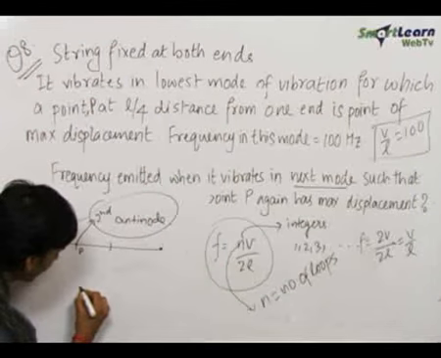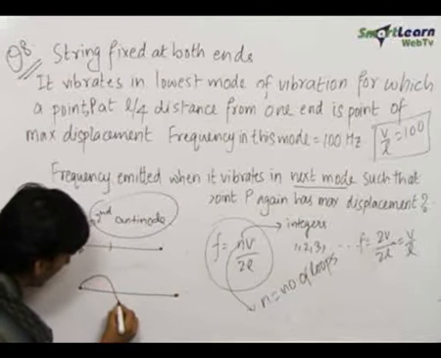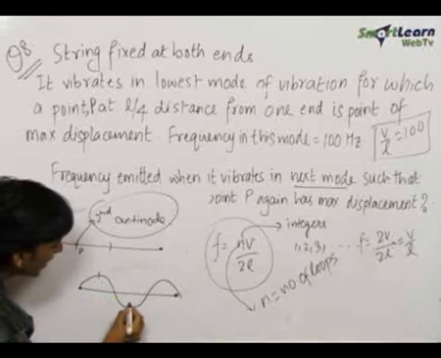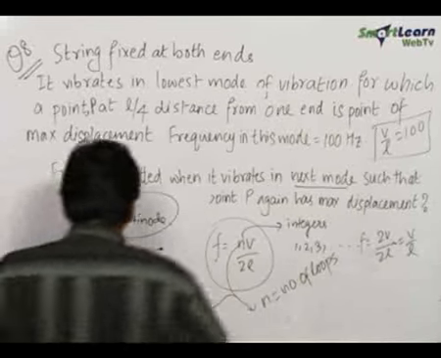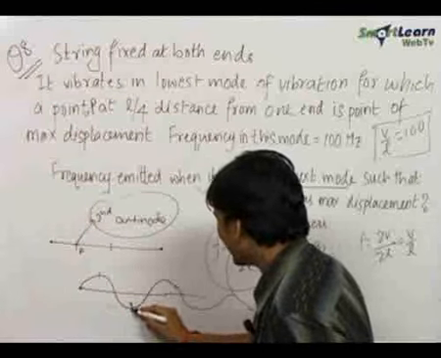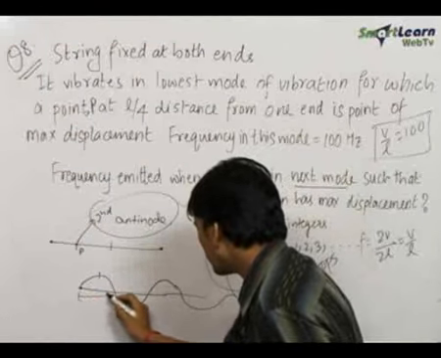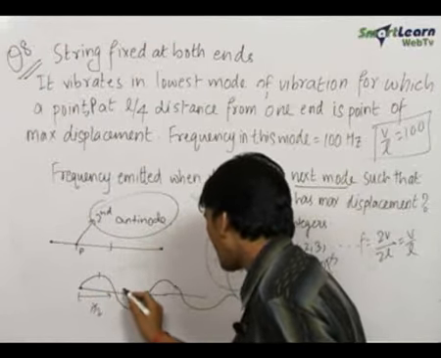Now for a string, this is the first antinode and this is the second antinode. Let this be any string. Now the distance of the second antinode from here is, this is lambda by 2, this is lambda by 4.